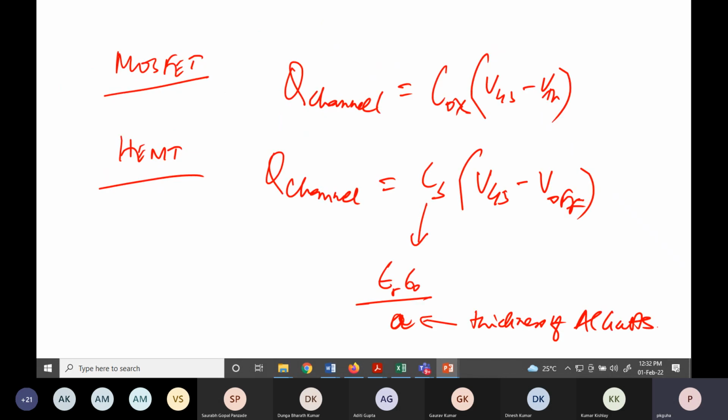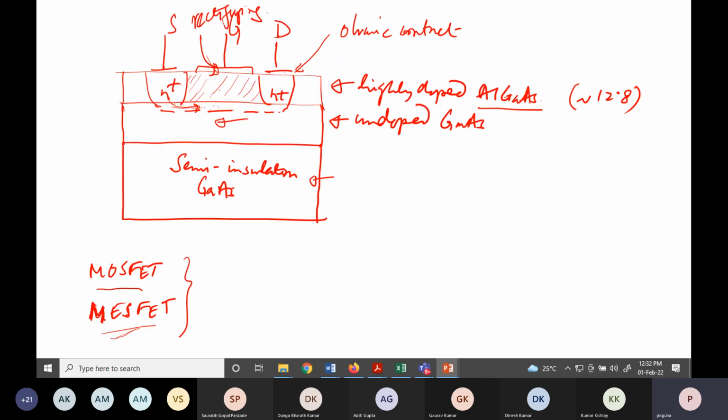Maybe I haven't drawn it today. I have drawn it in the last class yesterday. So there is a special layer here.